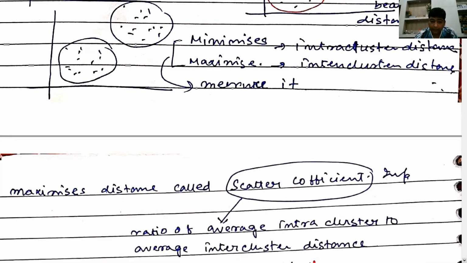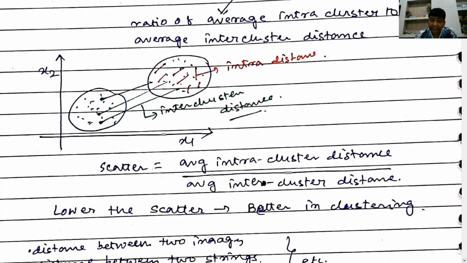So the lower part should be maximized, the upper part should be minimized. So the scatter value should be very small. The lower the scatter value, the better the clustering. This is the most important part.